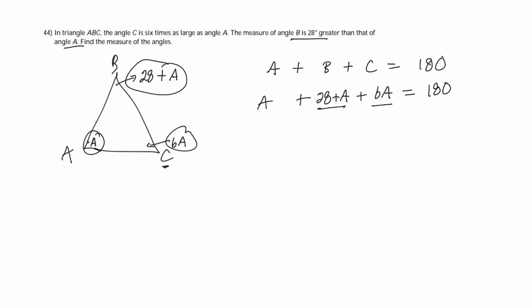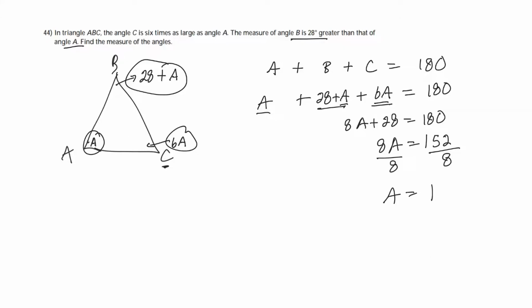So now I can collect like terms. So A plus A is 2A plus 6A, so it would be 8A plus 28 equals 180. Subtract 28 on both sides, you get 152, I think. And then divide both sides by 8. So 8 goes into 152 nineteen times, I think.